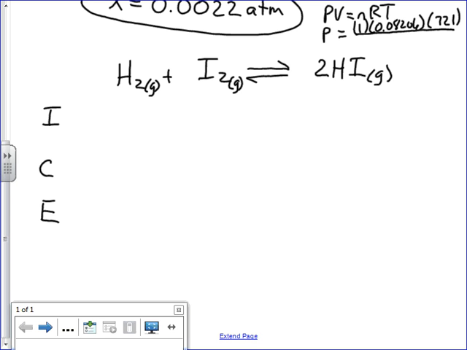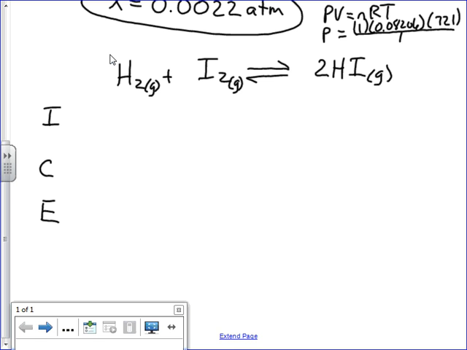Then we divide that by the volume, which is 1. Okay, that's going to give us our pressure of our H2. So 0.08206 times 721, 59. That's a high pressure. I guess that makes sense though, because we're at a very, very high temperature, and that's quite a bit of gas.